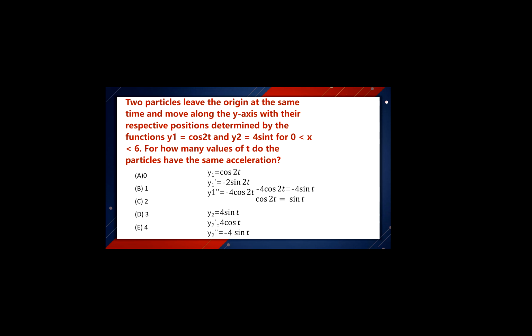According to the second derivatives of both y1 and y2, we can tell that negative 4 cosine 2t equals negative 4 sine t, and cosine 2t equals sine t. Thus, we can get the answer, which is D.